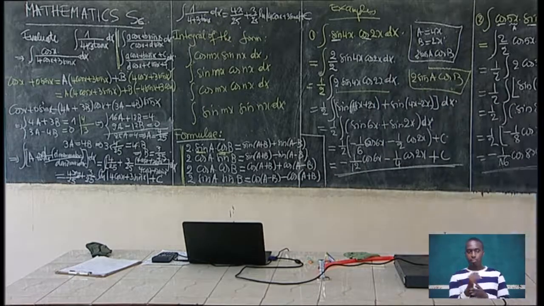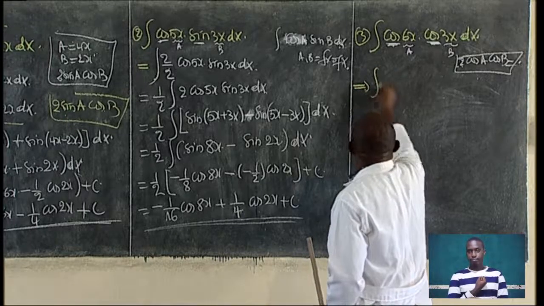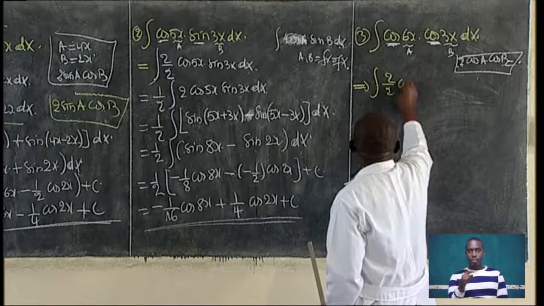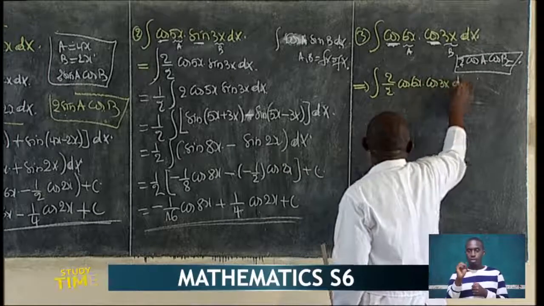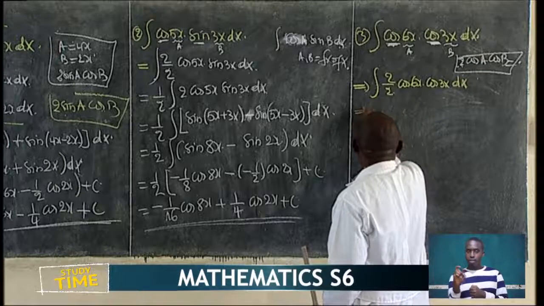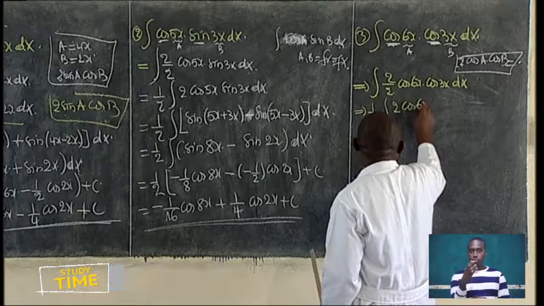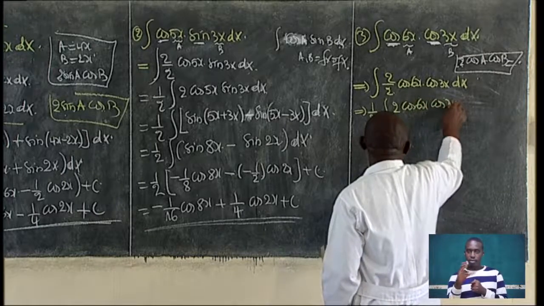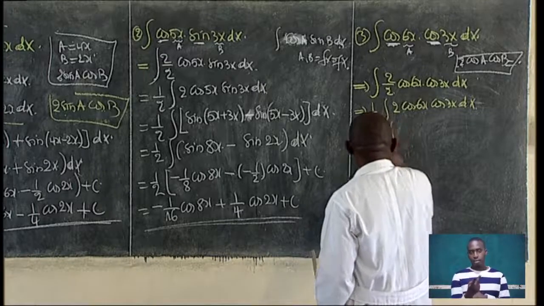So as we did before, this will be integral of 2 divided by 2 times the cosine of 6x, cosine of 3x, dx. That is a half integral of 2 cosine of 6x, cosine of 3x, dx. This is a half integral of what?